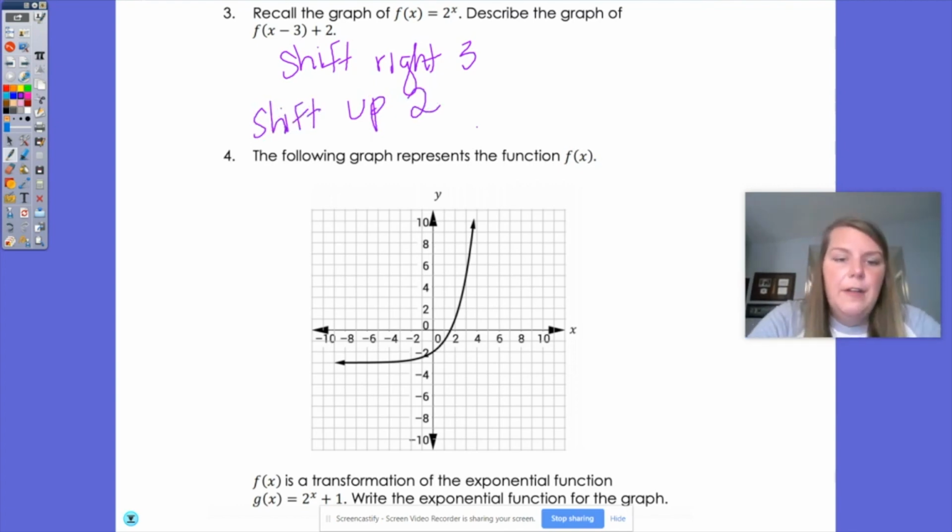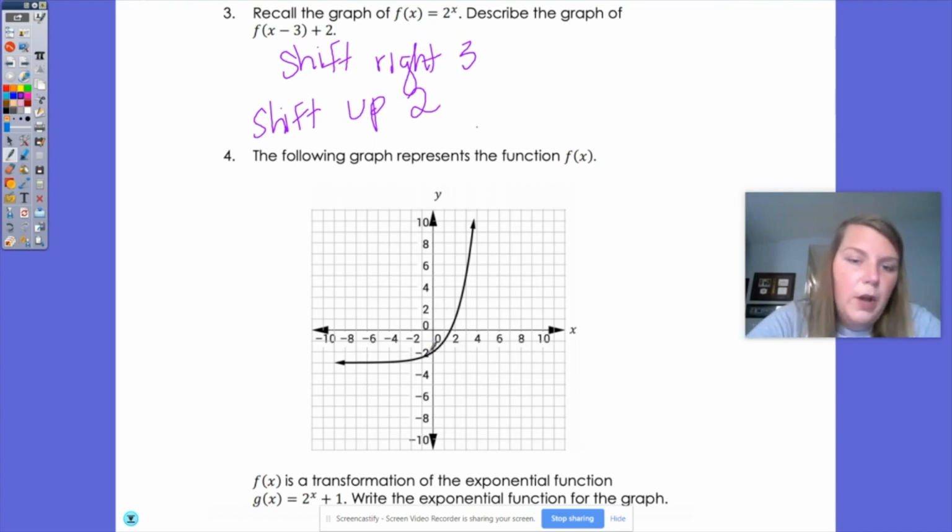All right, so let's look at the following graph on the bottom. It says f of x is a transformation of an exponential function. g of x is 2 to the x plus 1. So how are we getting from 2 to the x plus 1 to this new graph? So if we're starting at 1, and we want to get to this graph, which is actually crossing at -2.